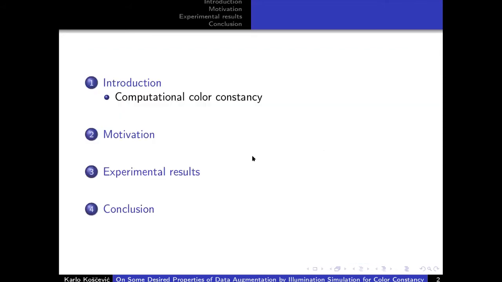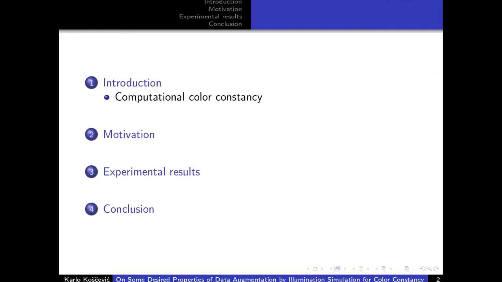To begin with, this is the outline of my presentation. At the beginning, I will give you an introduction into the field that we are researching. I will mainly talk about computational color constancy. What do we want to achieve here? What is that actually, and what are some issues that we are encountering?